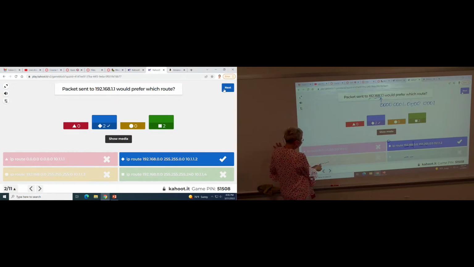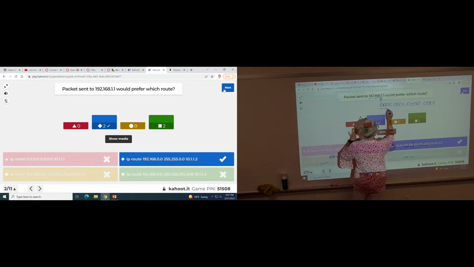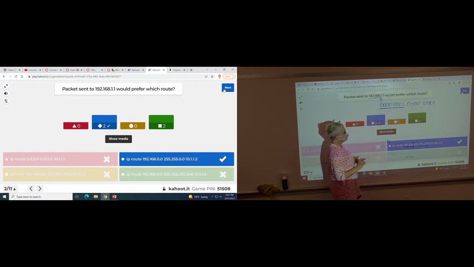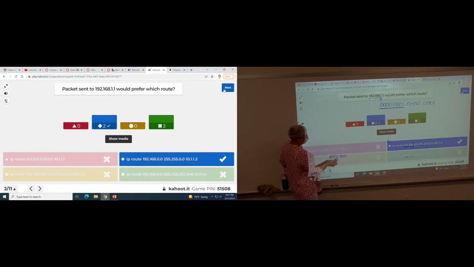So the first octet is a match, and the second octet is a match. So if I compare the third octet of this route to the third octet of my destination, what happens? I've got a mismatch, right? Now this matches, right? 0, 0, 0, those all match, but look at this very last positional value.